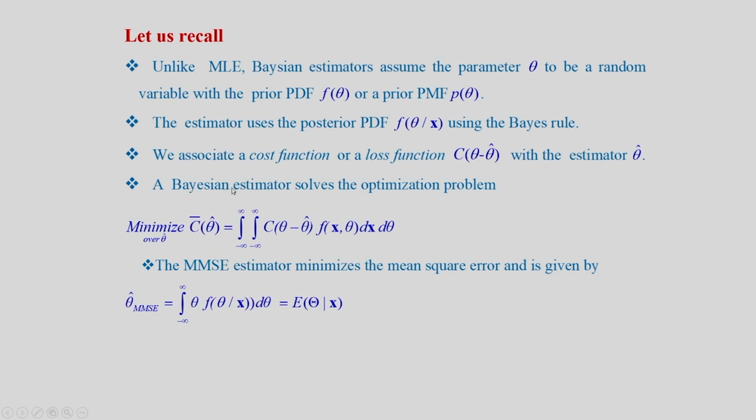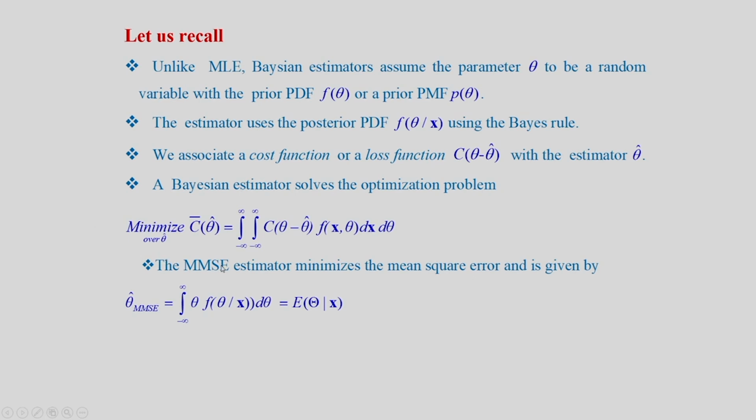A Bayesian estimator solves the optimization problem: minimize C bar of theta hat over theta hat. C bar of theta hat is equal to the integration from minus infinity to infinity, minus infinity to infinity, of C of theta minus theta hat into f of x, theta dx d theta. This is the average cost function we want to minimize.